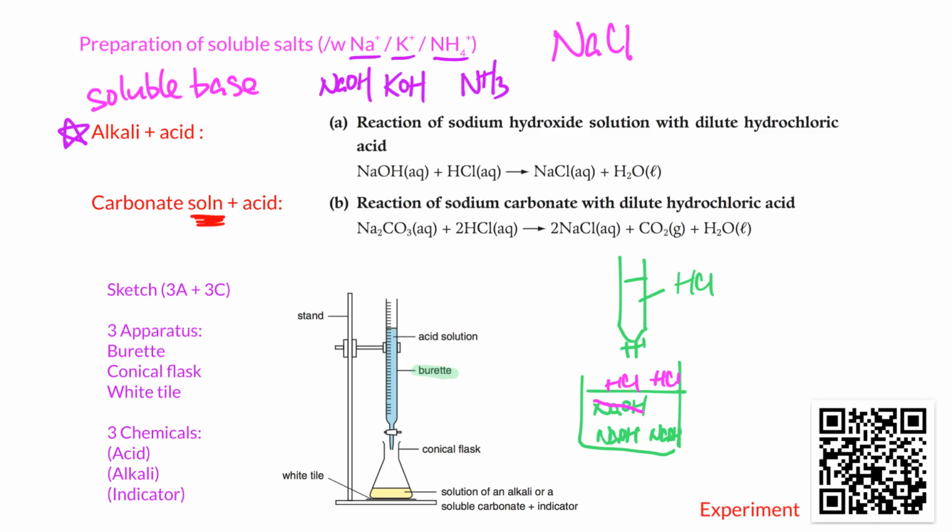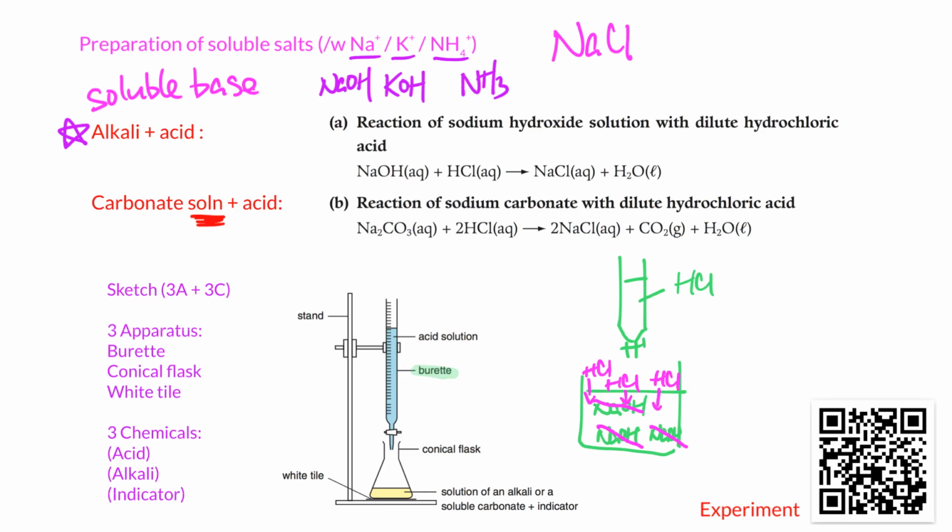The second HCl will also neutralize NaOH. But both are colorless, so I don't know whether they have neutralized it or not. If I add the third one, it can neutralize the last NaOH. At this point, after you add 3 HCl, the neutralization has occurred. However, you don't know that this is the end point.